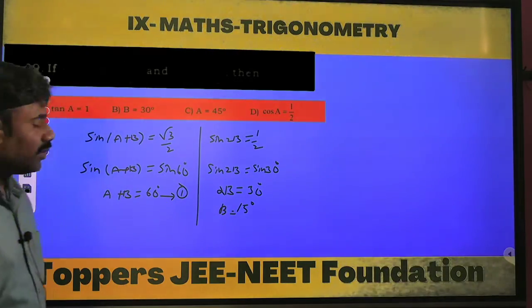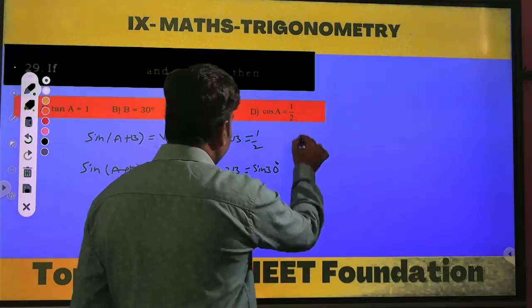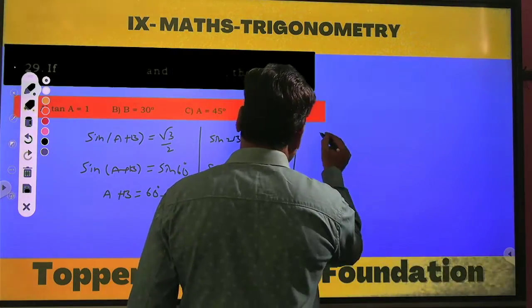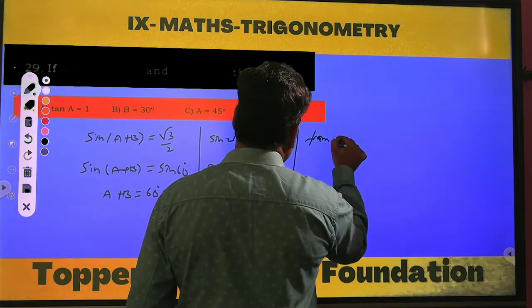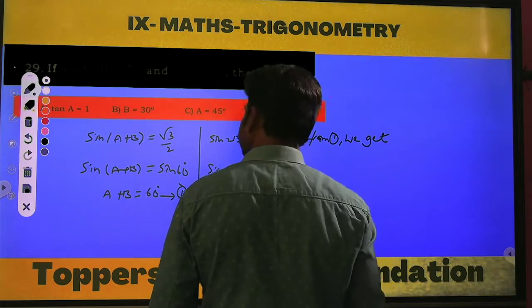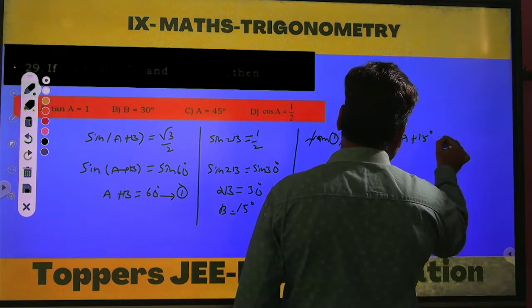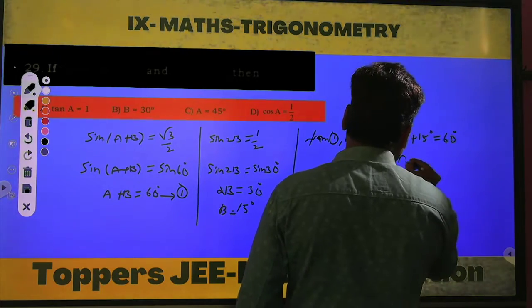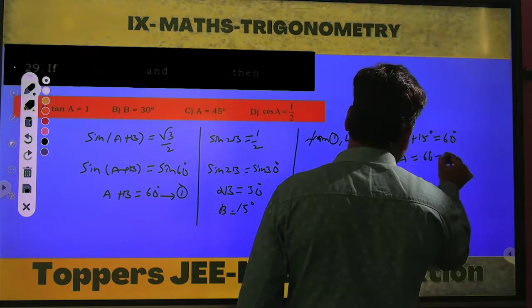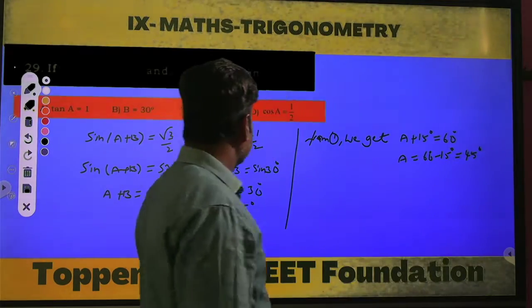Now let us substitute the value of B in equation 1 to get the value of A. From equation 1, A plus B: A plus 15 degrees is equal to 60 degrees. Then A is equal to 60 degrees minus 15 degrees, that is equal to 45 degrees.